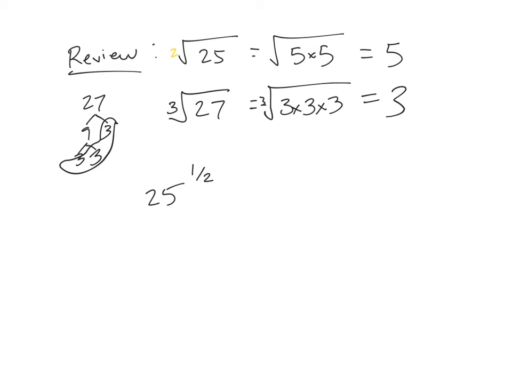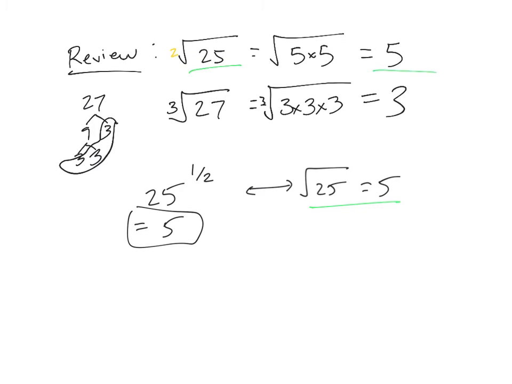And 25 to the power of 1/2 means exactly the same thing as the square root of 25. They mean the exact same thing. So if I'm looking to find the square root of 25 or 25 to the 1/2, it would be 5. And so it's just a different notation.